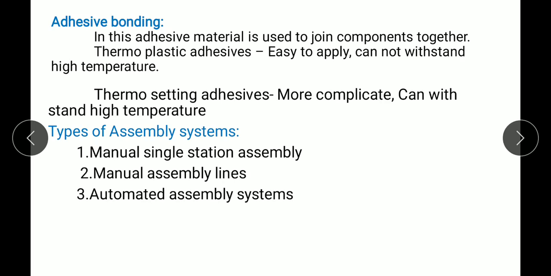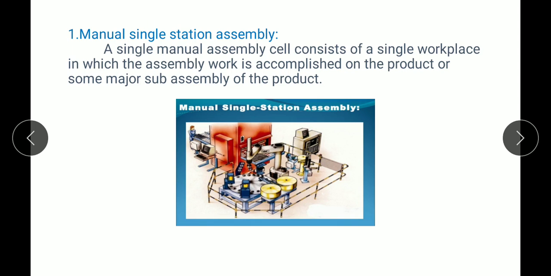Okay, next topic, types of assembly systems. First, manual single station assembly; second, manual assembly lines; and third, automated assembly systems. First, manual single station assembly.